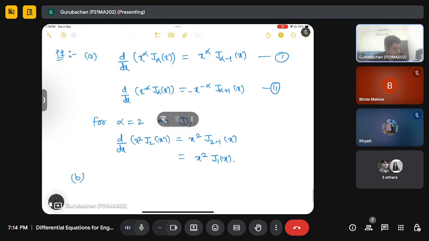If you try to calculate it, it will be x to the power alpha J alpha dash x plus alpha x to the power alpha minus 1 J alpha x equal to x to the power alpha J alpha minus 1 x. This will be your equation number 3.